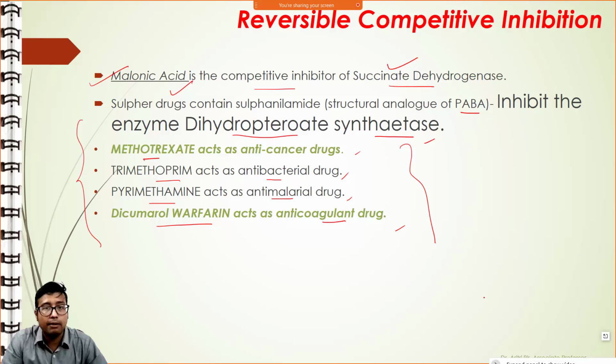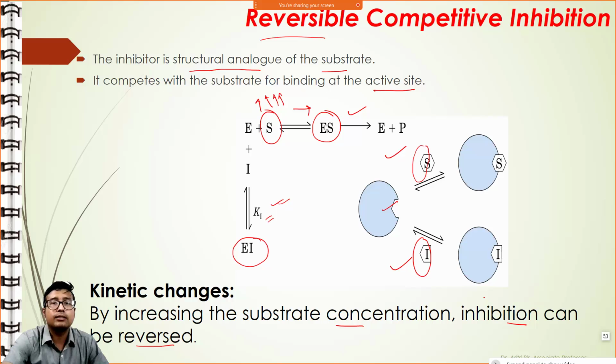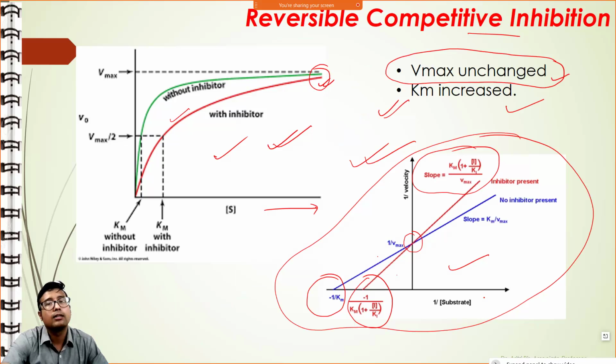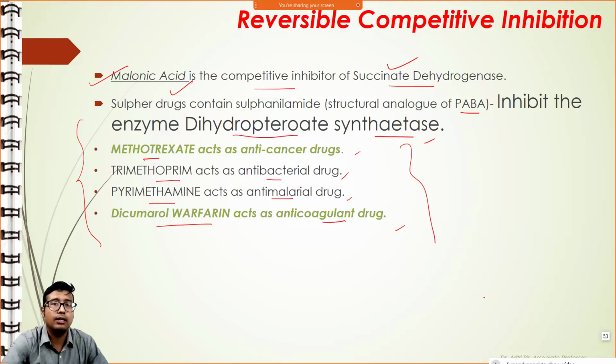So all of them are examples of competitive enzyme inhibition. If you are asked about competitive inhibition, these are the things you need to know: substrate analog, active site, increasing substrate concentration reverses the inhibition, Km increased, Vmax unchanged, and these one or two examples.